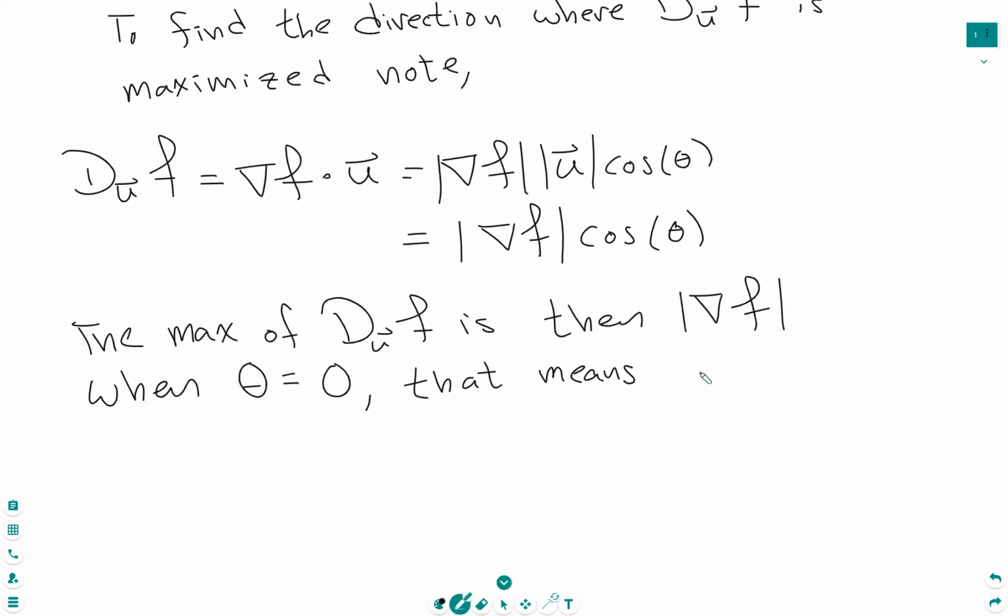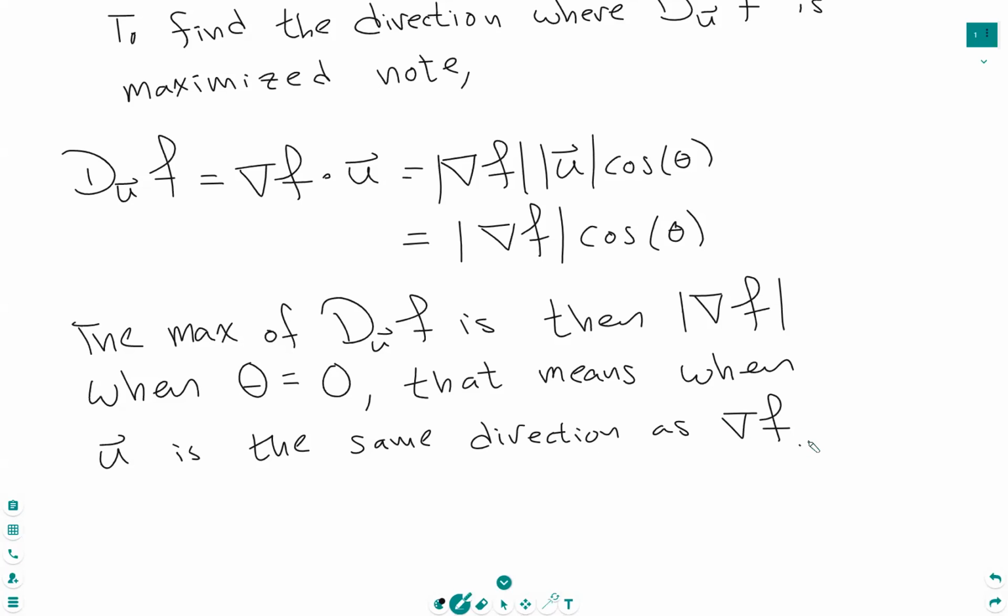That means when the direction that we're traveling in is the same as our gradient. So if we head in the direction of the gradient vector, we're going in the direction of steepest ascent. So we're going in the direction that has the largest slope.